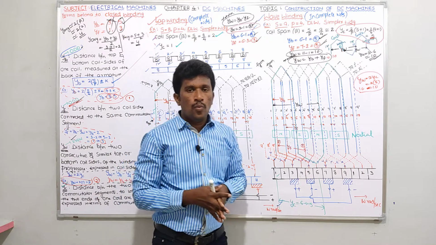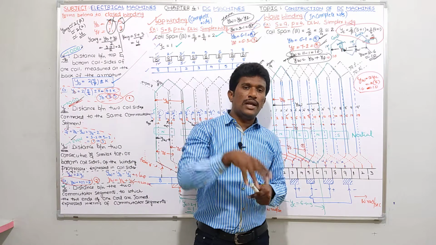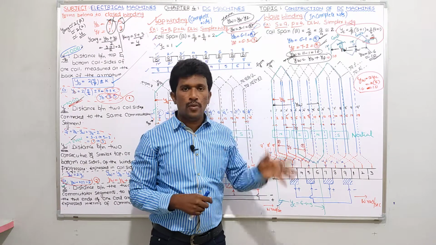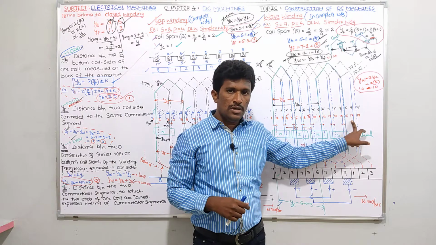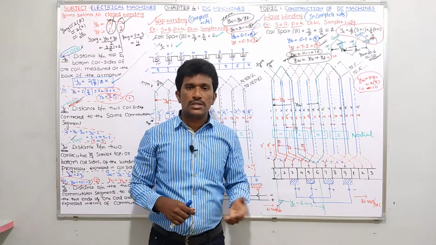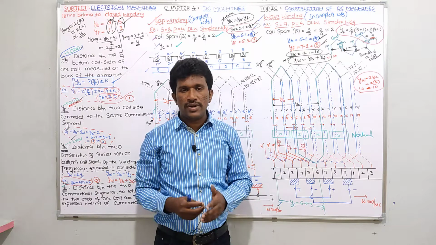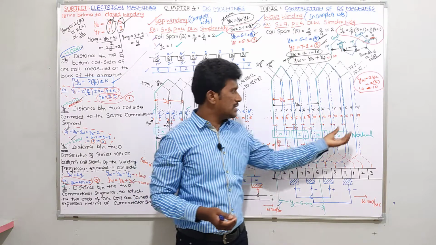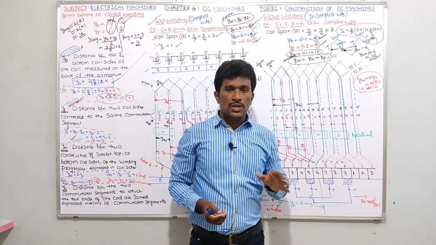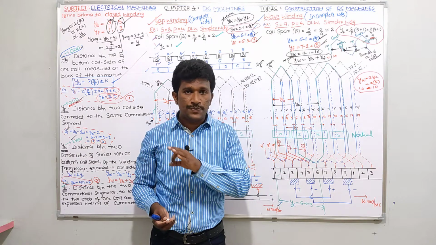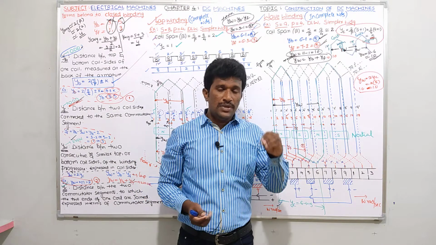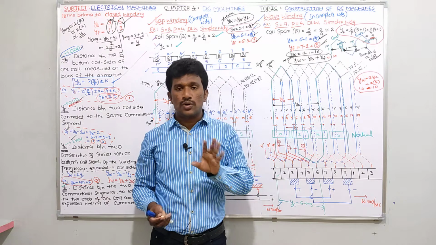So that's the reason why we place some dummy coils in wave winding. In wave winding, dummy coils are used because after completion of winding, some slots are left free. So for providing mechanical balance, we place some dummy coils in these slots. Those dummy coils will not participate in electrical conduction. They simply exist for physical balance only.